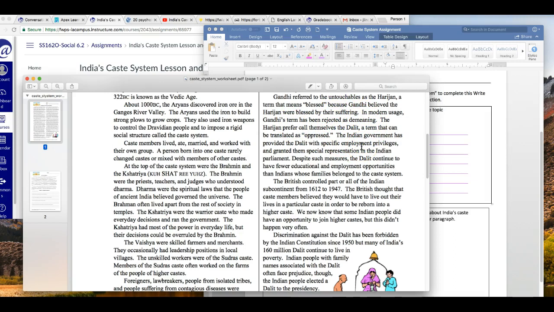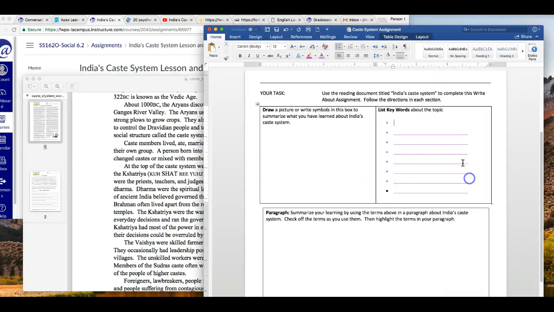Okay, so in this section right here, you have 8 keywords to fill in about India's caste system. That's our topic.